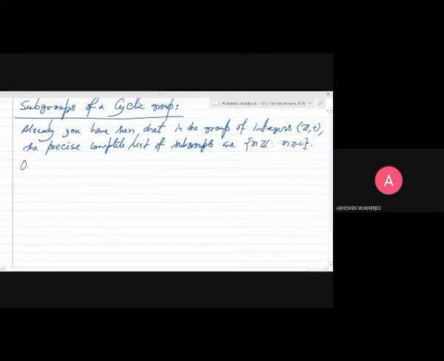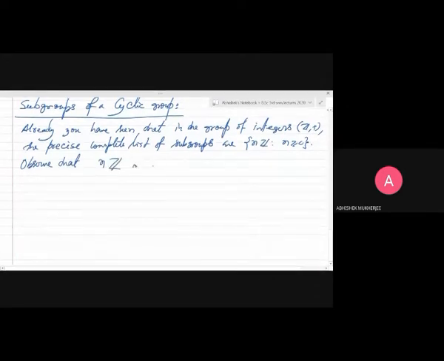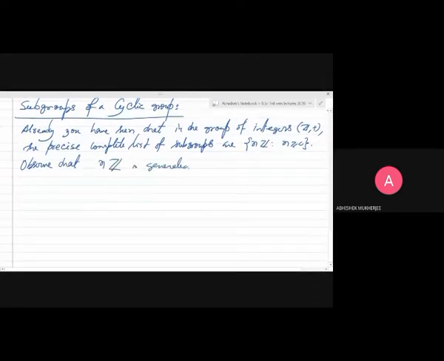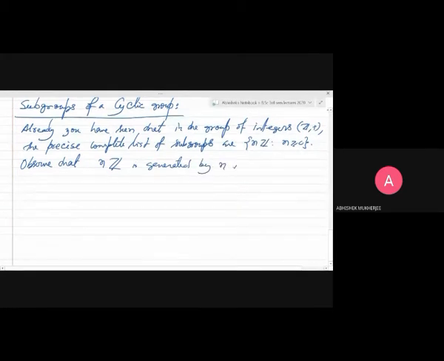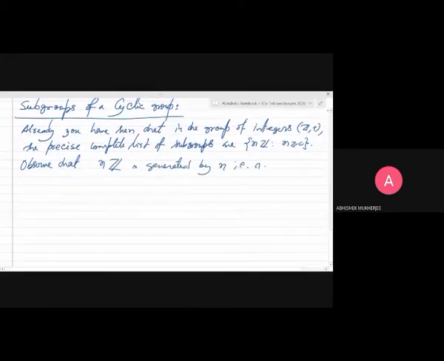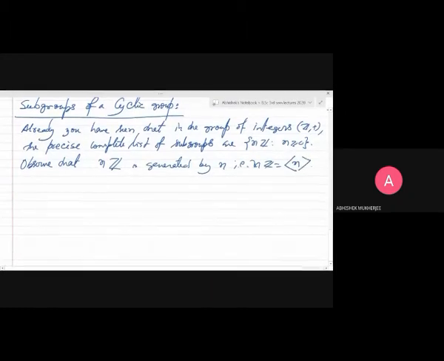So observe that this nZ is generated by n. That is, nZ is actually the cyclic subgroup generated by n, angle bracket n, in Z plus.